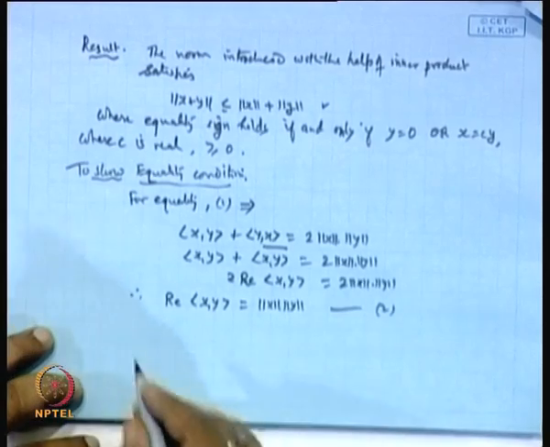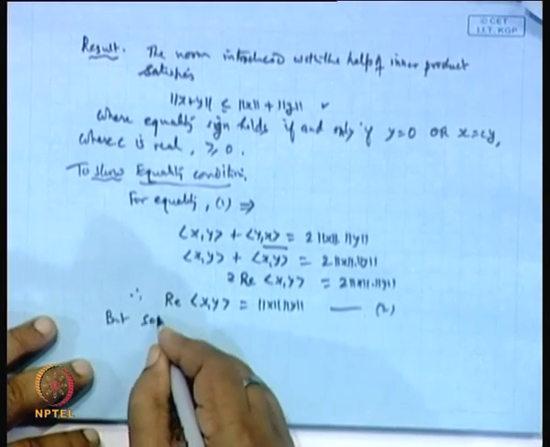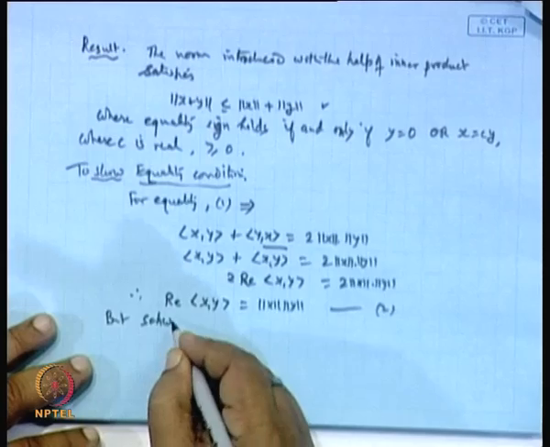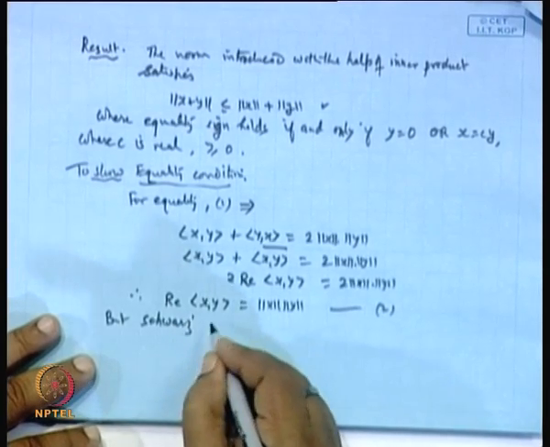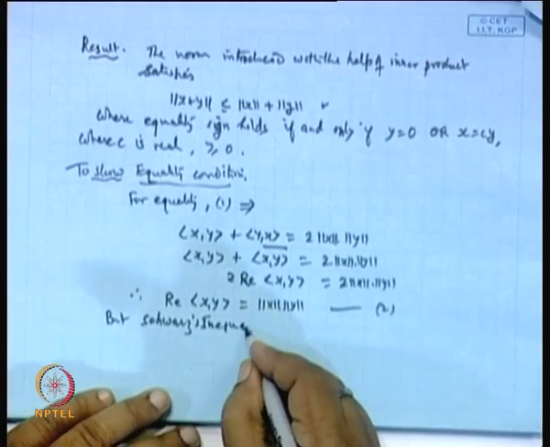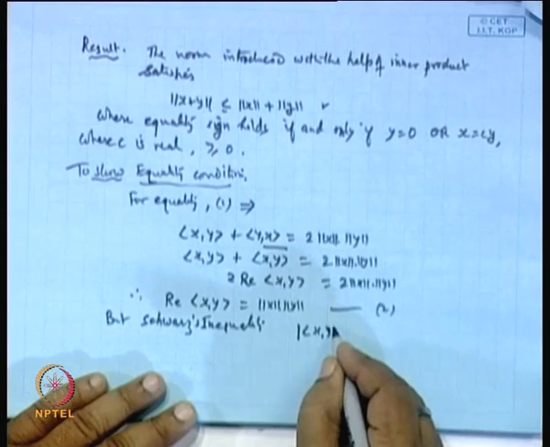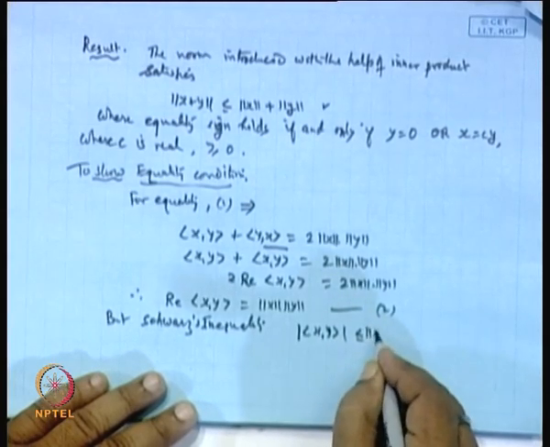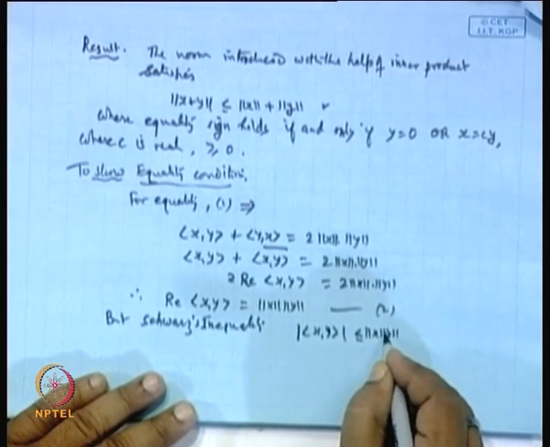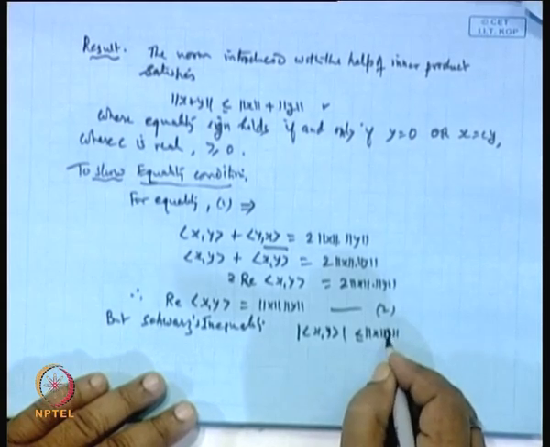So, we get 2, but Schwarz inequality says that the modulus of the inner product x, y is less than or equal to norm of x into norm of y, is it not?